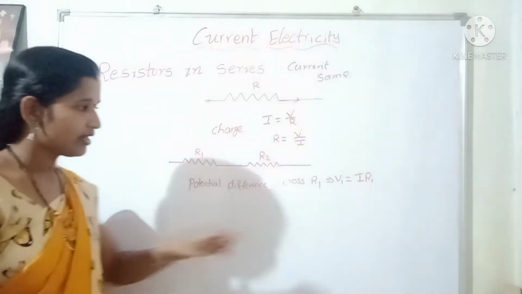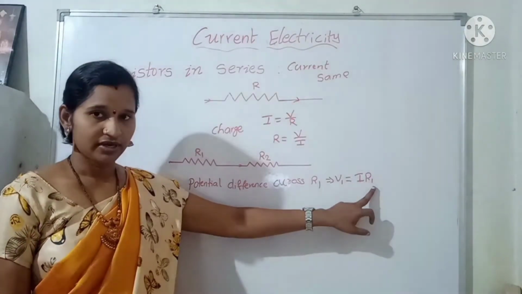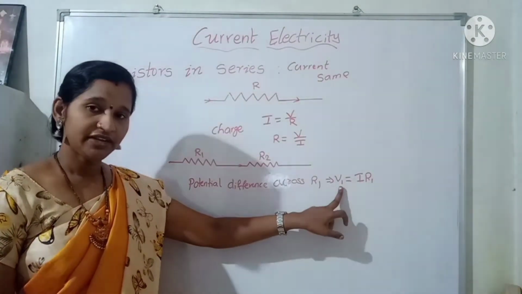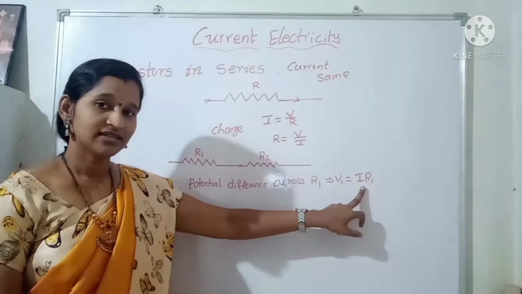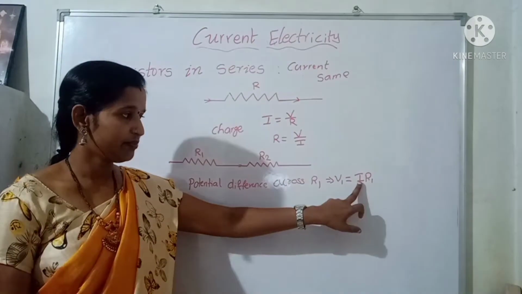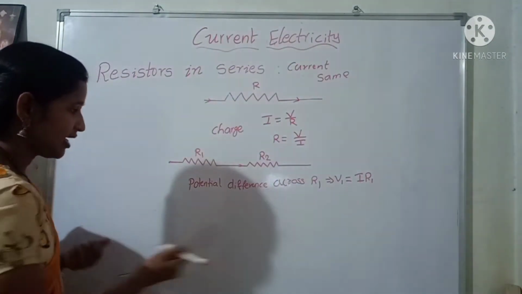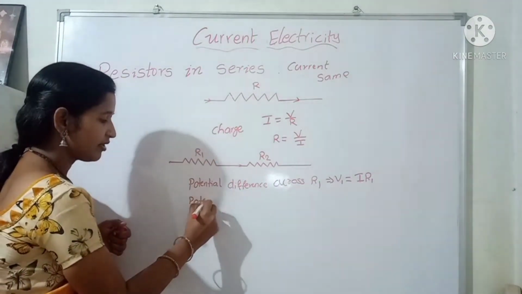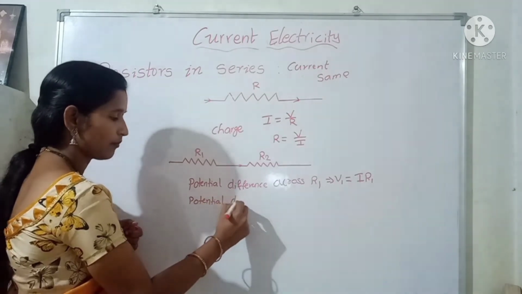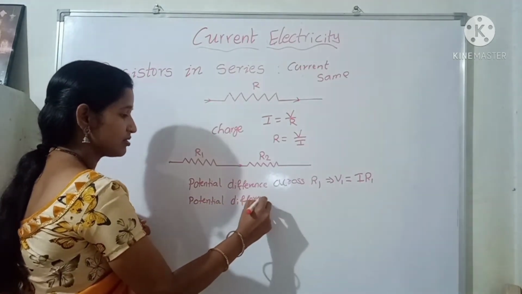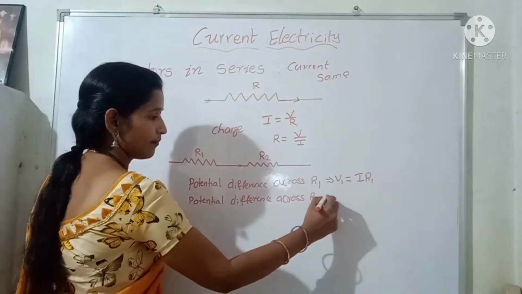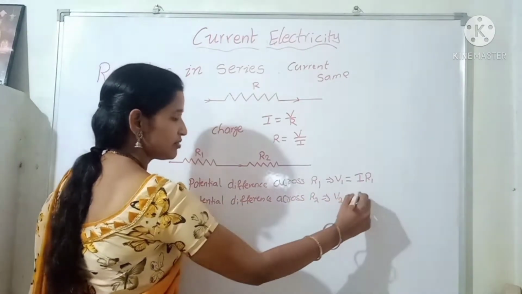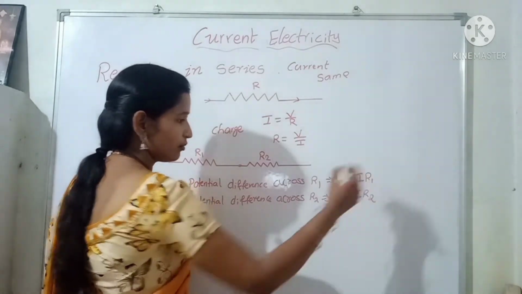Why do I write V1 and R1? Because the potential difference is different in series combination, but the current is the same. That's why I write I. And the same for the potential difference across R2, V2 equals I R2.